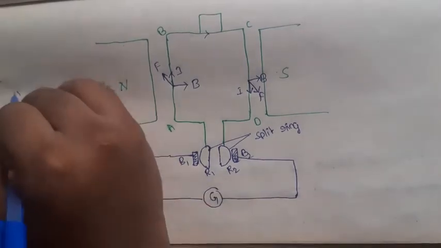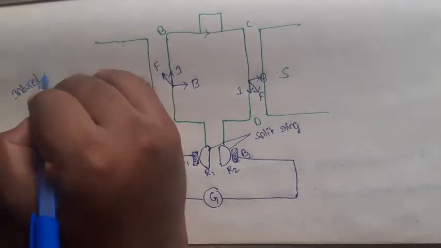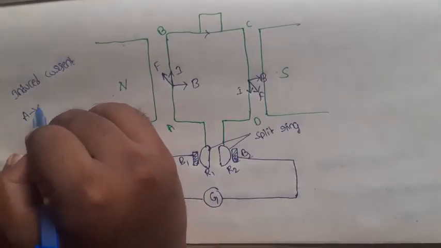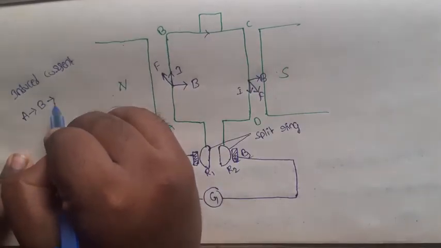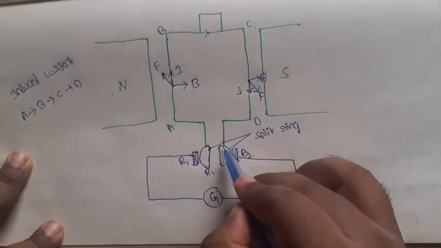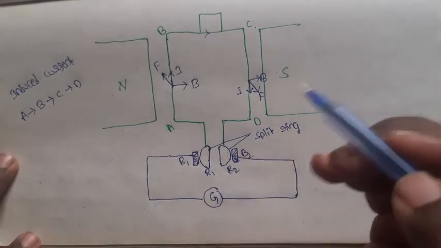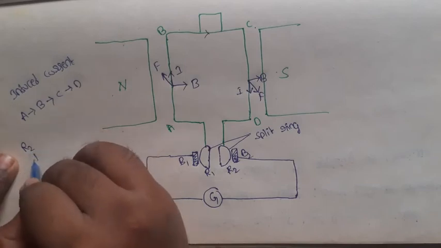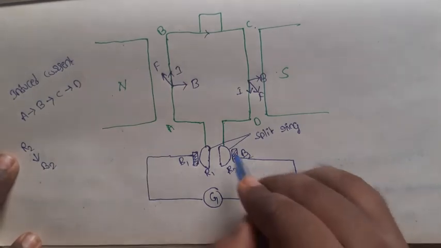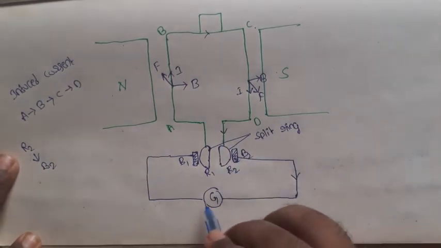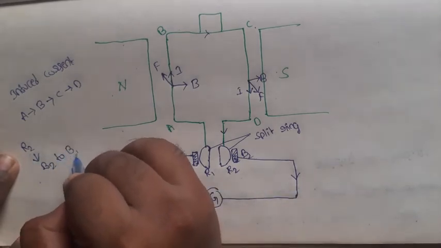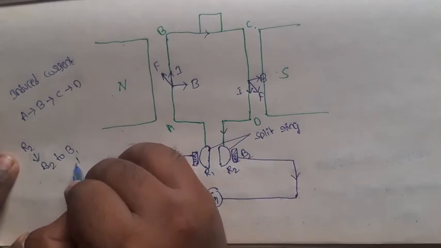So here the induced current direction is A to B, B to C, C to D. After D it reaches split ring R2, R2 to brush B2, B2 to the galvanometer, through the galvanometer it reaches brush B1, B1 to split ring R1.